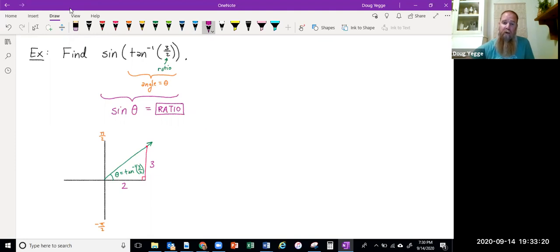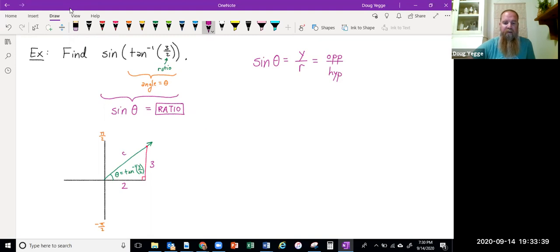I know I'm going to need the hypotenuse because if I find sine of theta, that's my y value over my r value, or my opposite side over my hypotenuse. So I need to do the Pythagorean theorem here.